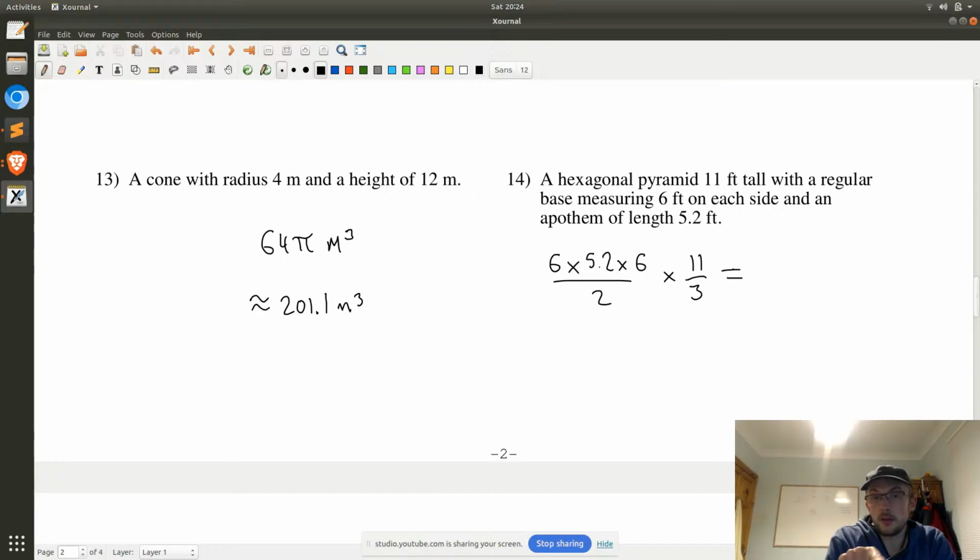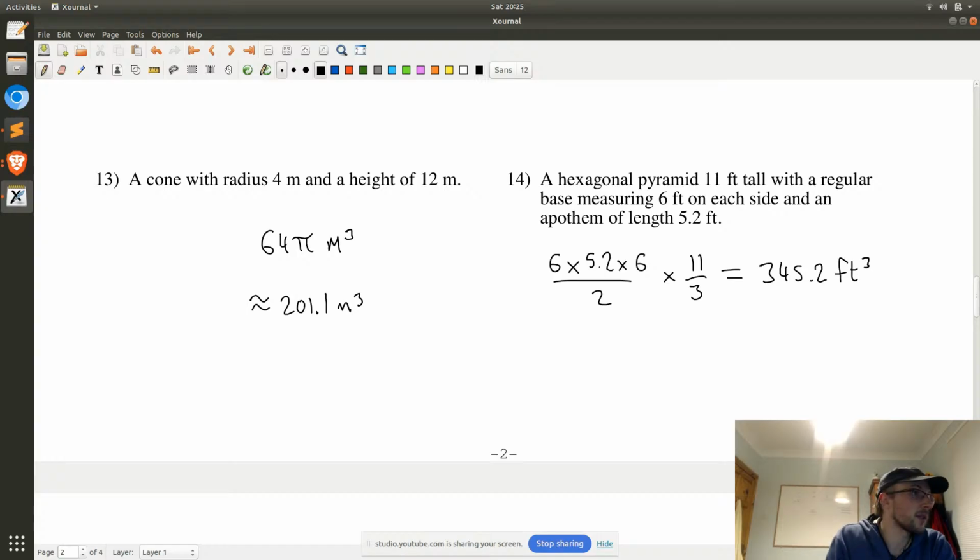That 6 and 2 turn into a 3. That 6 and 3 turn into a 2. The 3 and the 2 combine to create 6. The 6 and the 11 combine to make 66. 66 times 52. So 66 times 52. 3452. That many cubic feet.